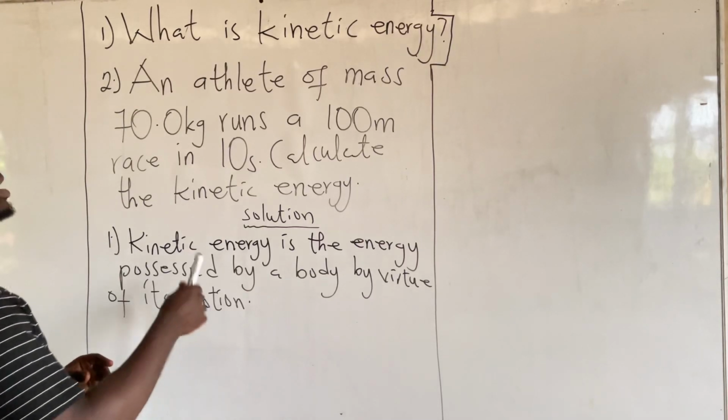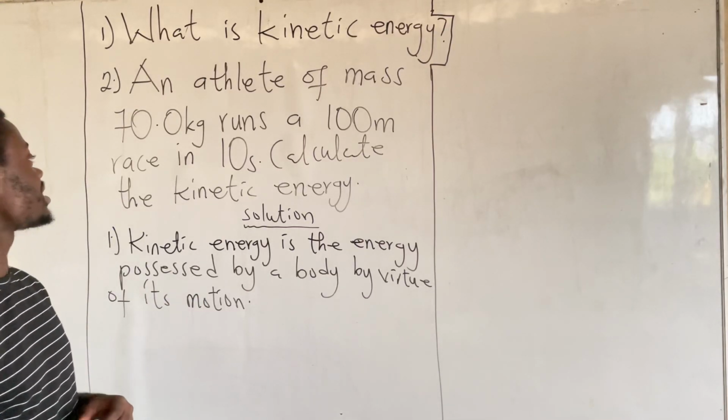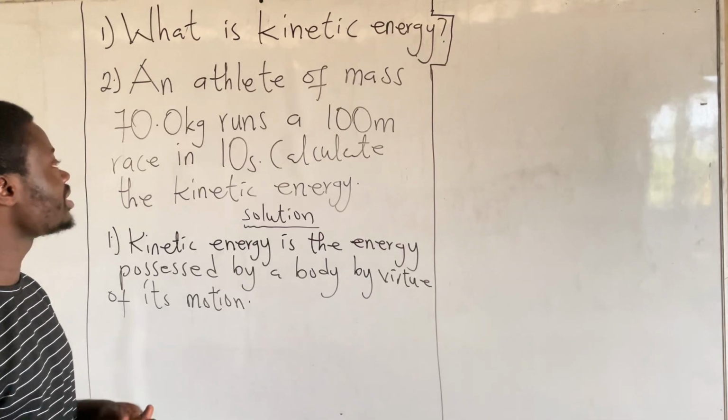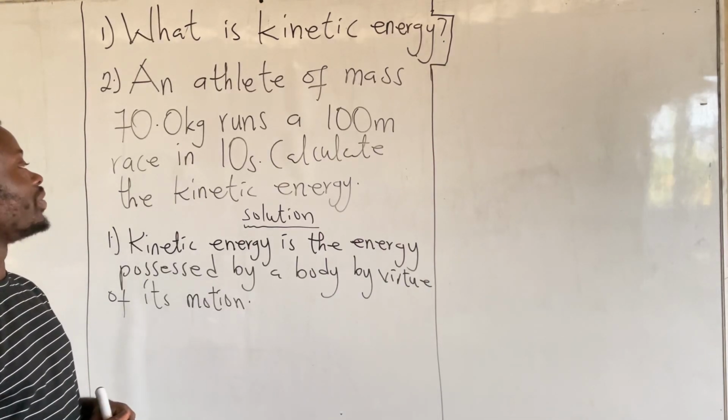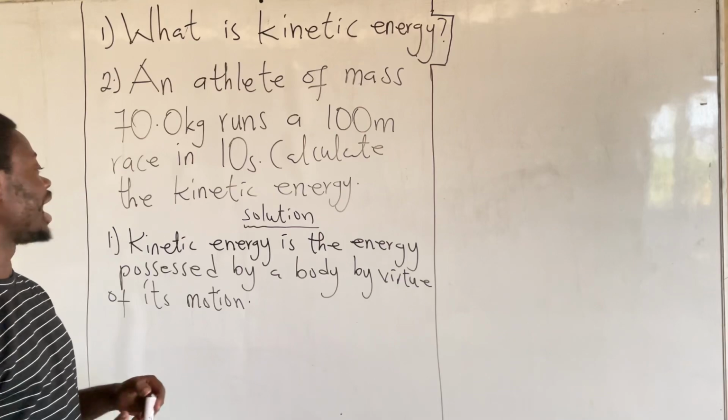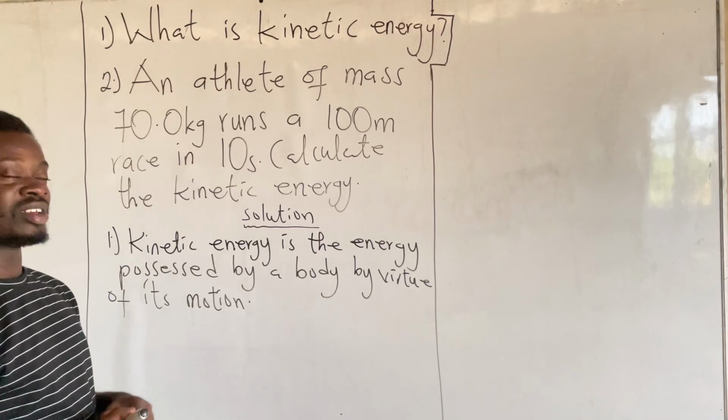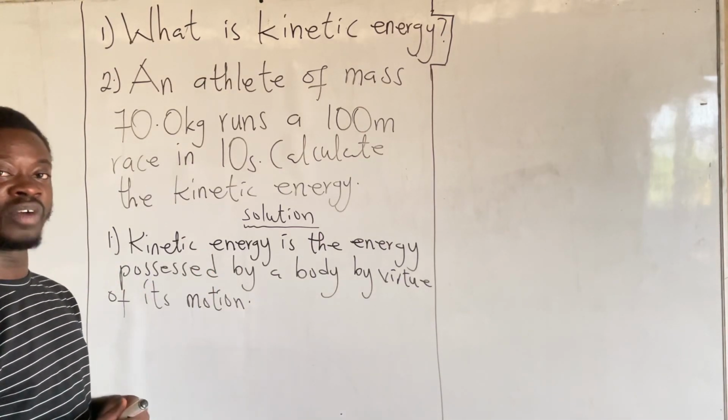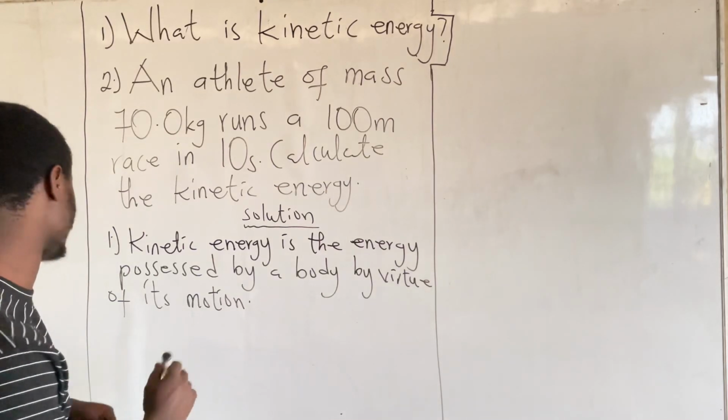Question 2. An athlete of mass 70.0 kg runs a 100-meter race in 10 seconds. Calculate the kinetic energy. So let's read the question, write down all the meaningful information before we start to solve.